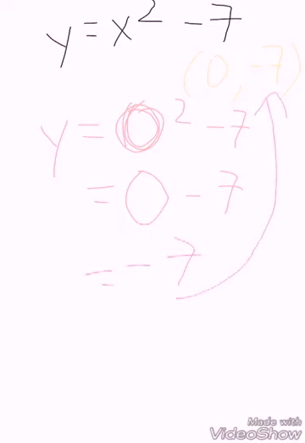And so this is correct. So the solutions are 1 and negative 6, and 0 and negative 7 to the equations y equals x squared minus 7 and y equals x minus 7.